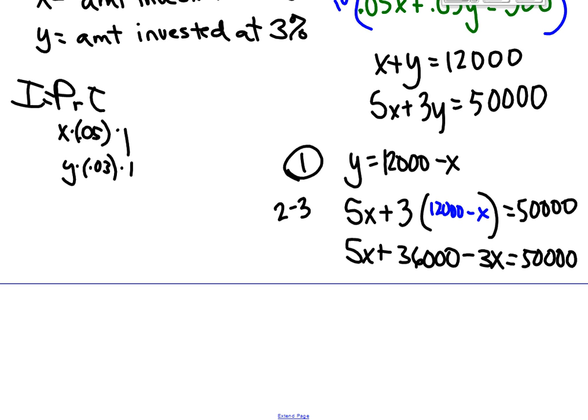What does that give you, Ashton? And Liz, what am I going to do next? And what do I get? 5x equals 14,000.